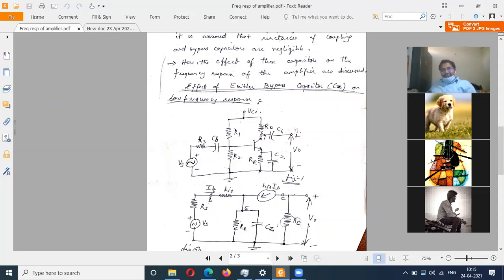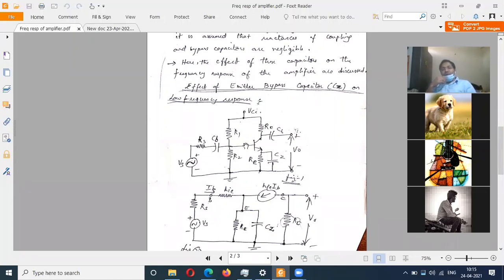Then RC from collector to VCC is replaced by ground, same old technique. Only one capacitor is being considered for its effect, and the remaining ones are replaced by short circuit.